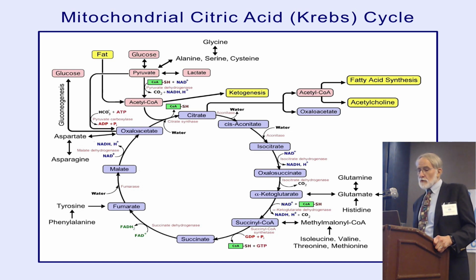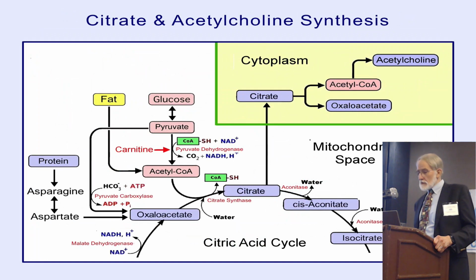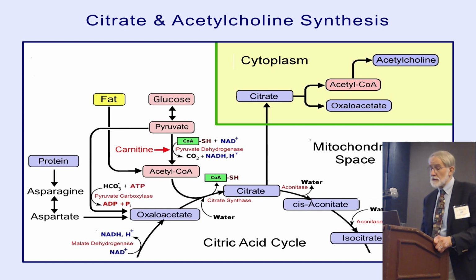This is to show the other consequence of the downregulation of the citric acid cycle: citrate is made by the citric acid cycle. So asparagine goes into oxalacetate, and that combines with acetyl-CoA to make citrate.